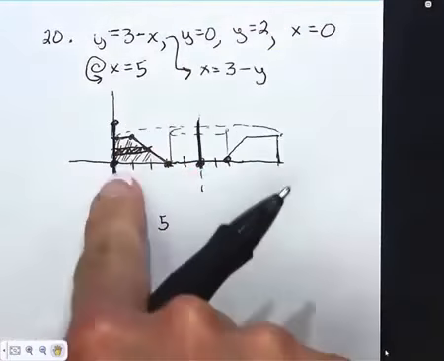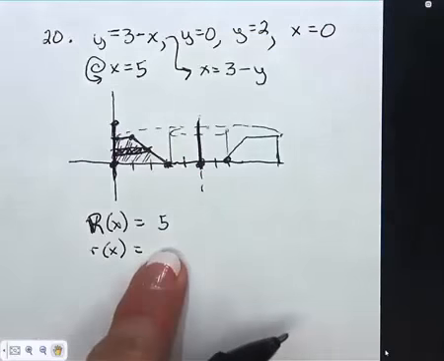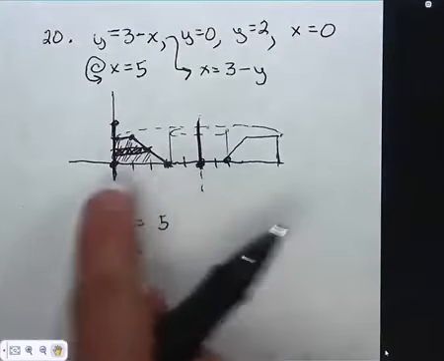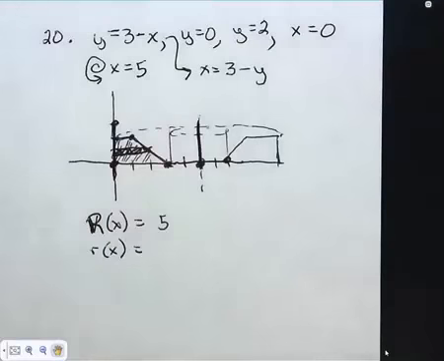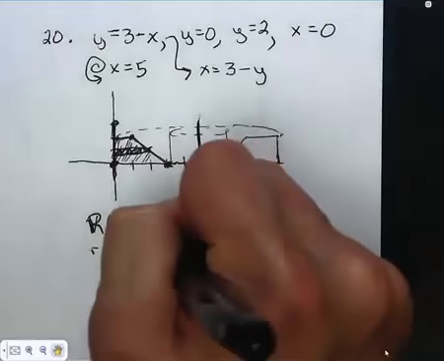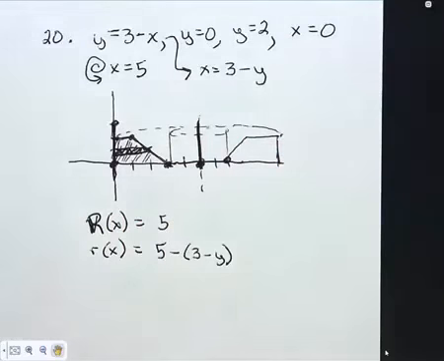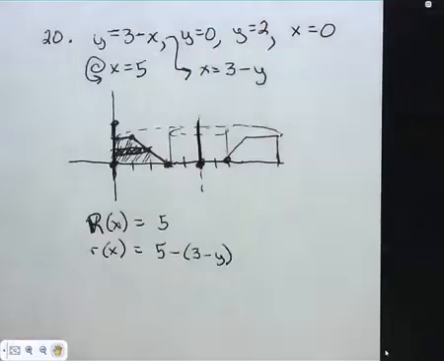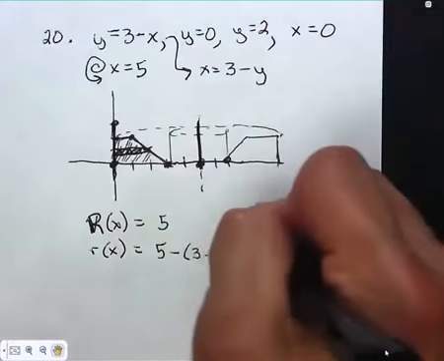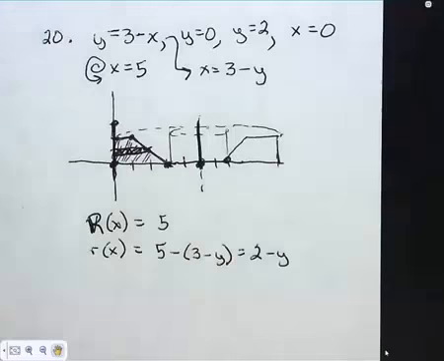That's 5 minus 0 is what that 5 is. So what's this piece that's being cut out? Again, think right boundary minus left boundary. 5 minus 3. Gotta have right boundary minus left boundary. That's just 2 minus y. 2 plus y.